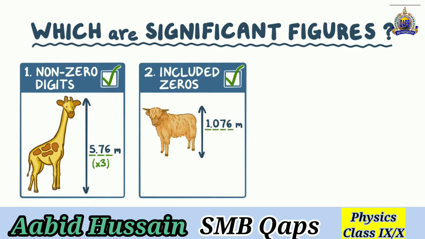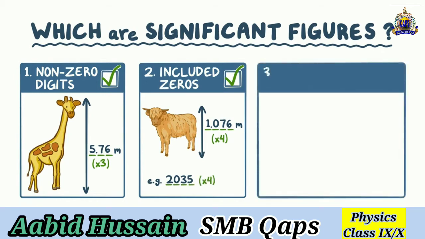Like we have 1.076, so here we have 4 numbers including the 0. So all these 4 numbers will be significant figures. Now for example we have 2035, here 0 is also present between 2 and 3. So all these 4 digits are called significant digits, significant figures.